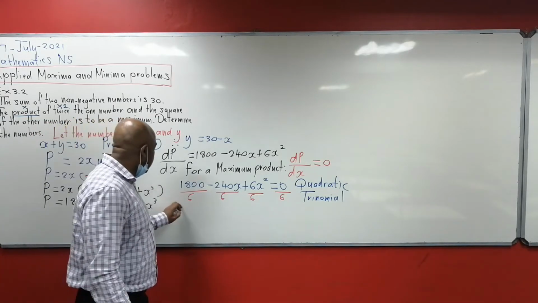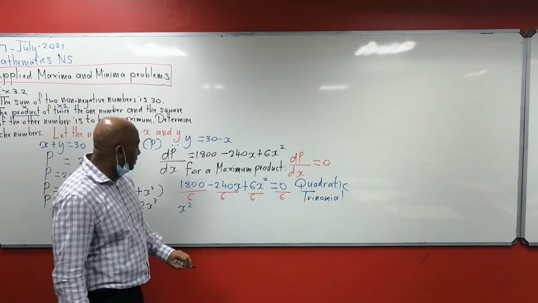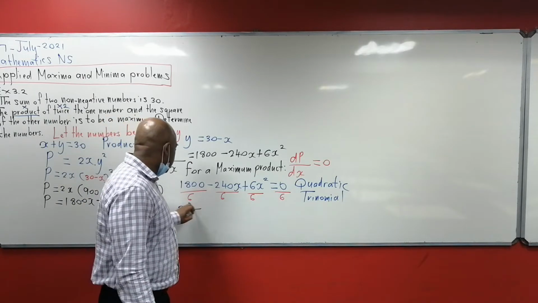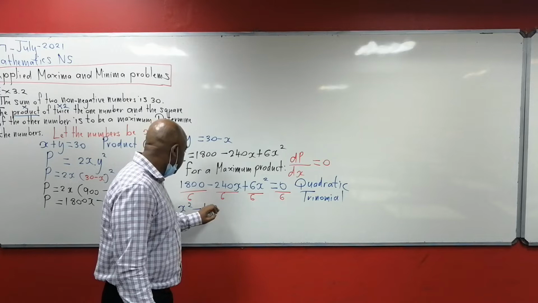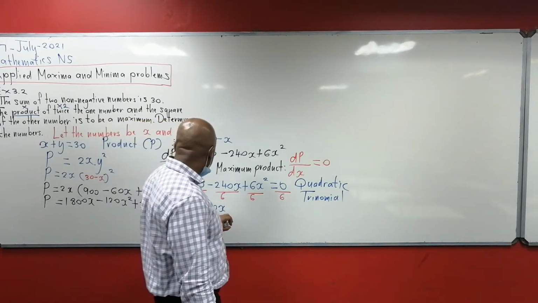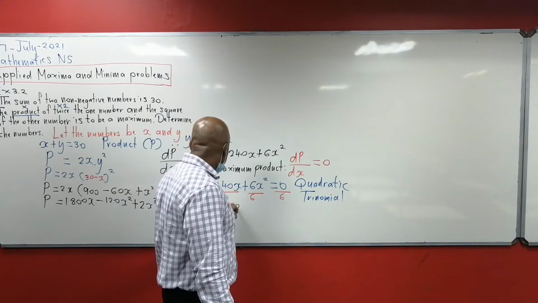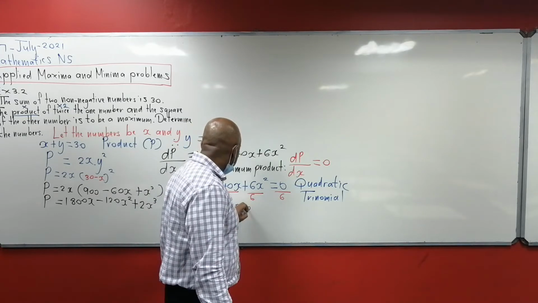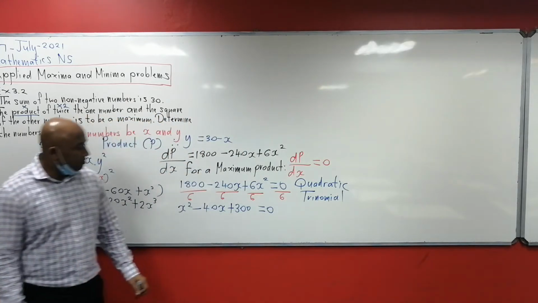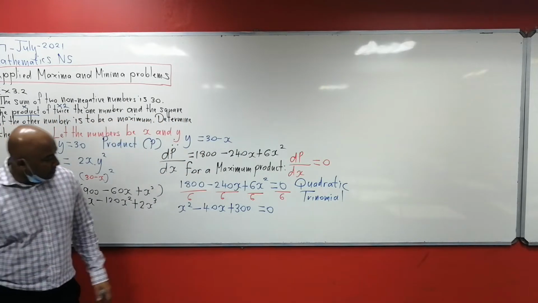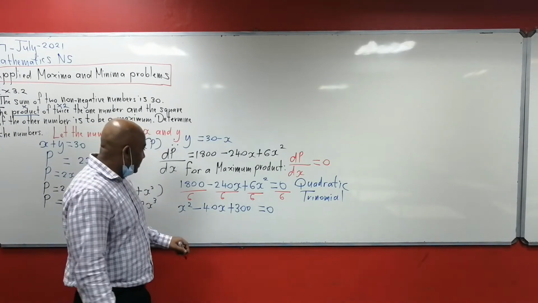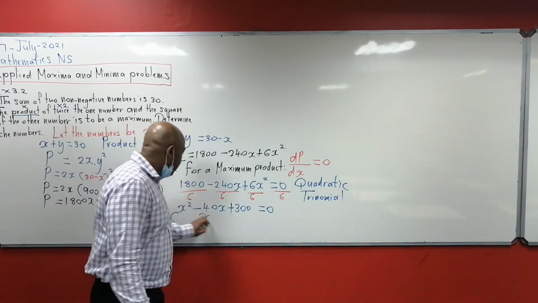So here I will have x squared, and then this will be minus 40x, am I right? And this will be positive 300 is equal to 0. Right, so now we got a trinomial and this is a negative, that's a positive. So let's see if it can be factorized.